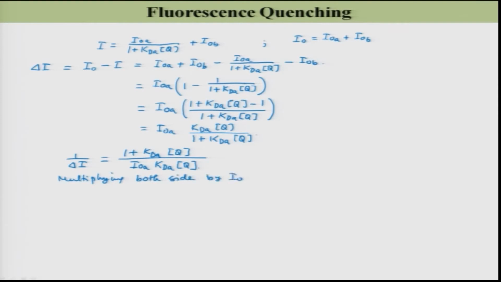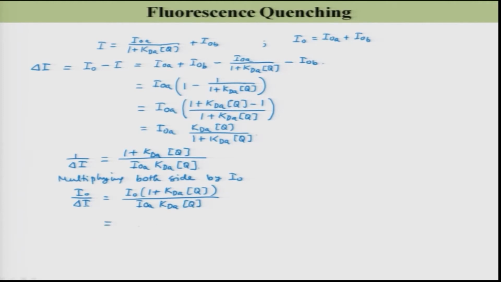I will get I0 by delta I is equal to I0 into 1 plus K dA into Q divided by I0A K dA into Q.